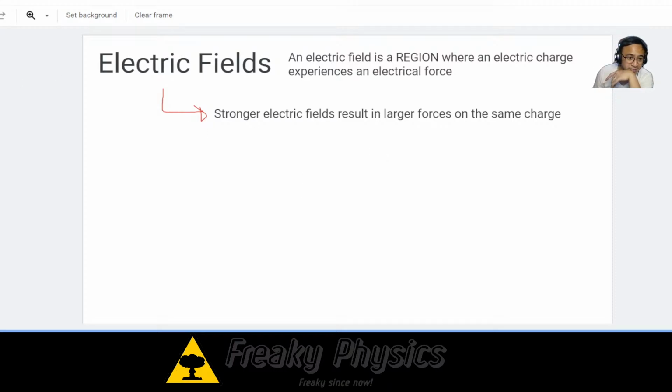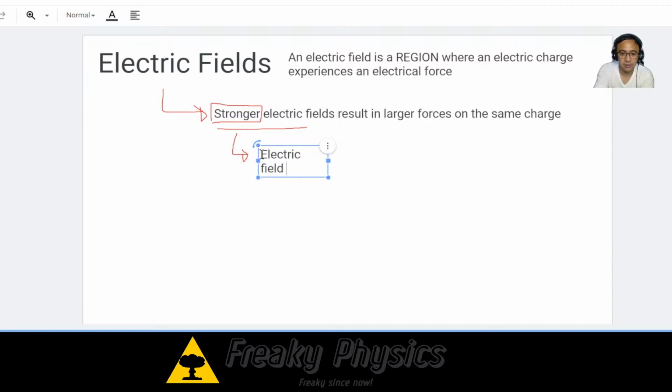And of course, this word is deliberate because we now have what we call the electric field strength. The electric field strength is basically a measure of how powerful or how strong that electric field is.